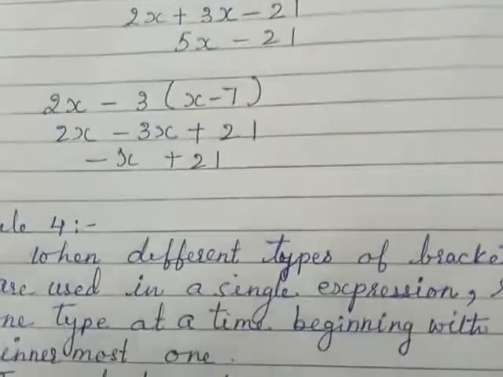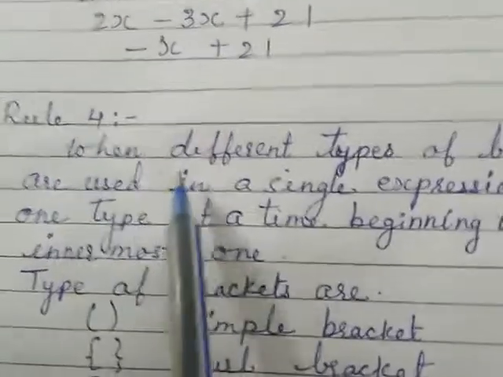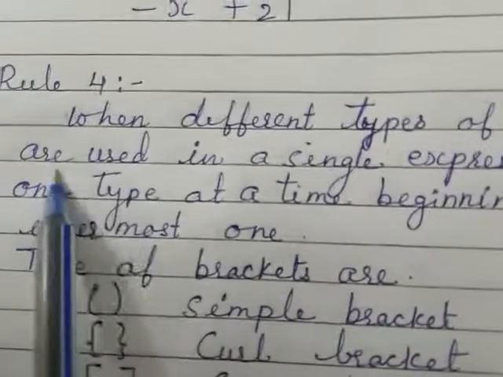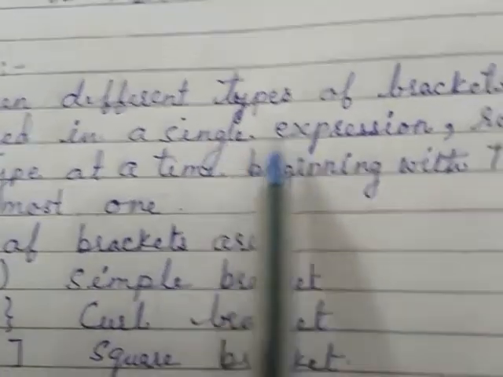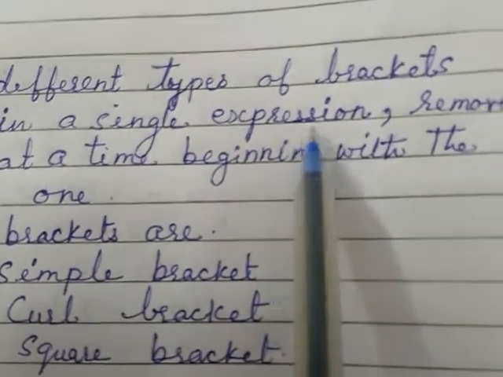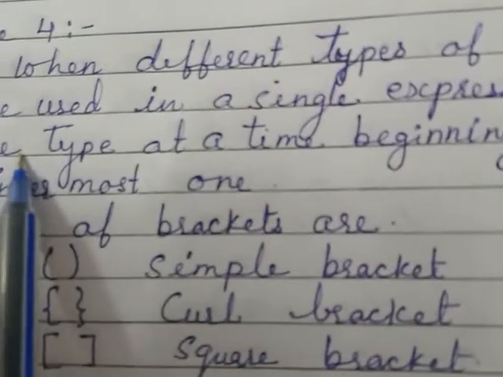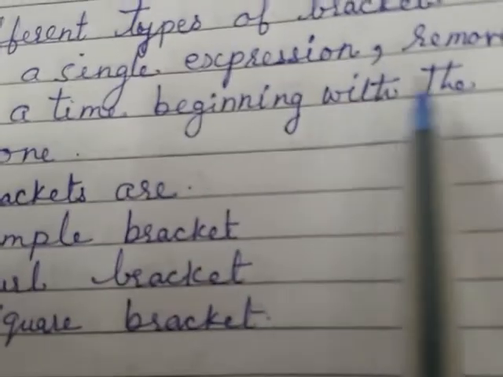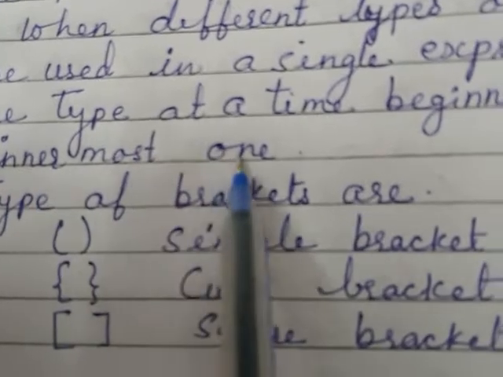Now rule number 4: when different types of brackets are used in a single expression, remove one type at a time, beginning with the innermost one.